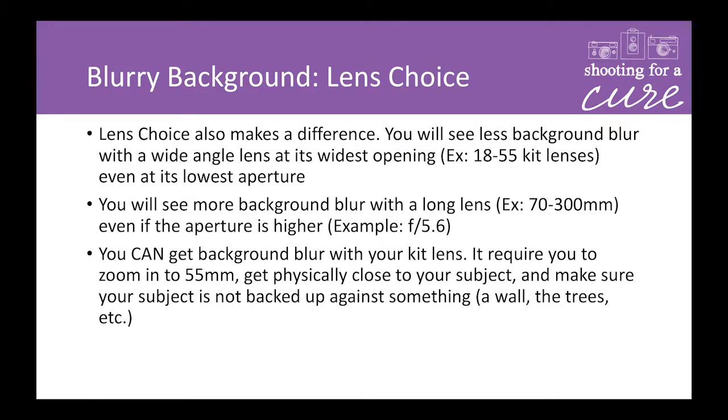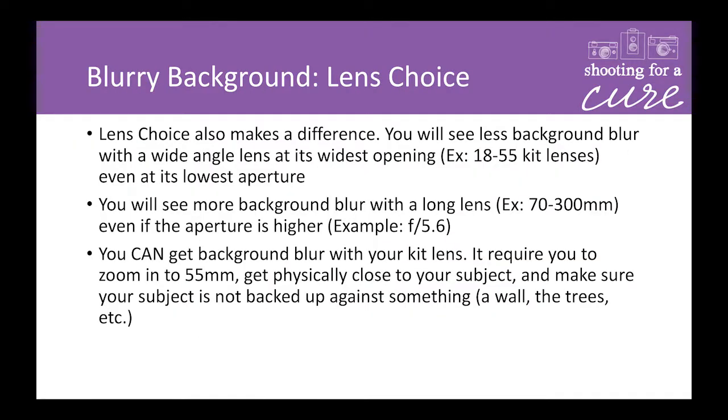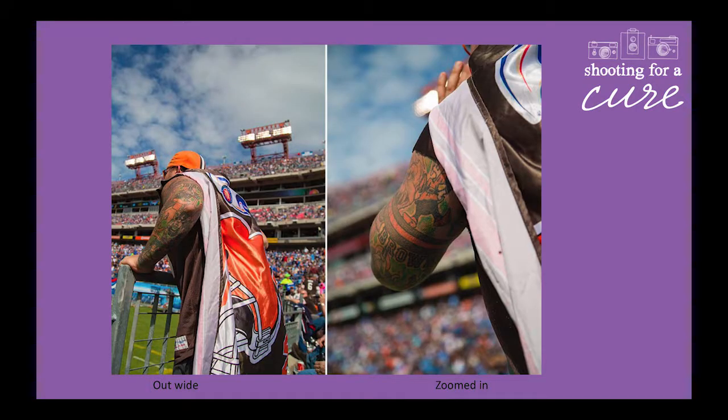You want to stand fairly close in front of them, and then you want to pull them away from your background. So it's exactly this scenario here. Zoom into 55, stand close to your subject, and pull your subject away from the background, and you will get a nice blurry background even with that lens.